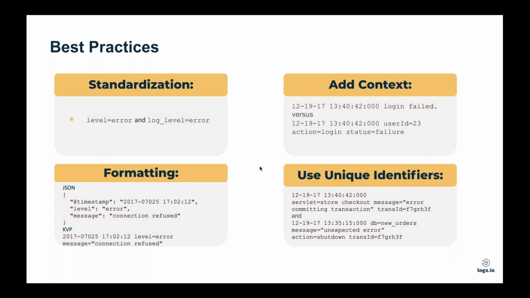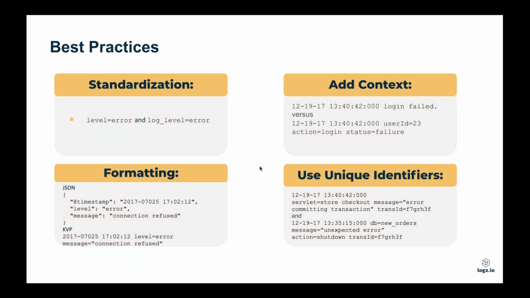We always prescribe JSON as the best case scenario. We would say use JSON versus key value pairs, and the simple reason is that JSON is basically the format in which data is stored in Elasticsearch in terms of ELK stacks.